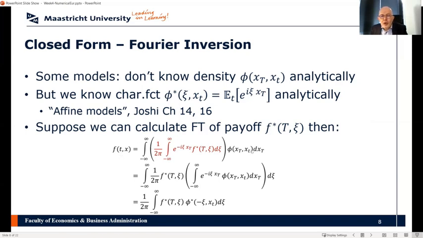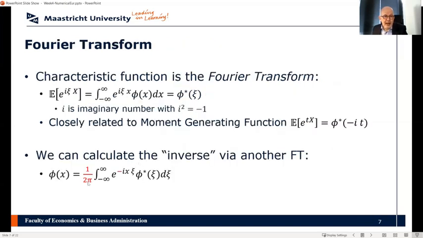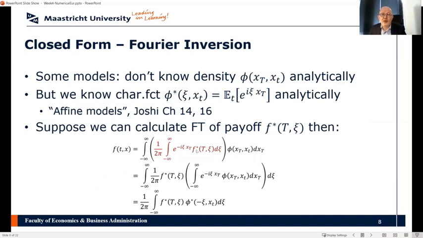I can start with my normal integration. So I want to integrate f of x capital T against phi of x capital T. And to do that, I could then invert for every point the f star of xi. I'm basically directly using this formula over here, but now with f star, the Fourier transform of the payoff.